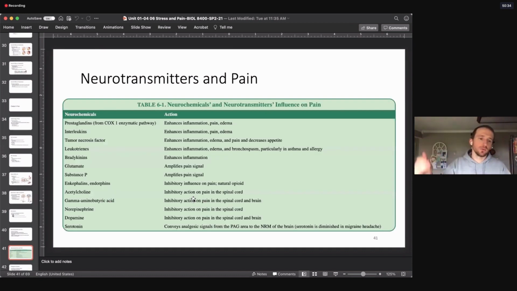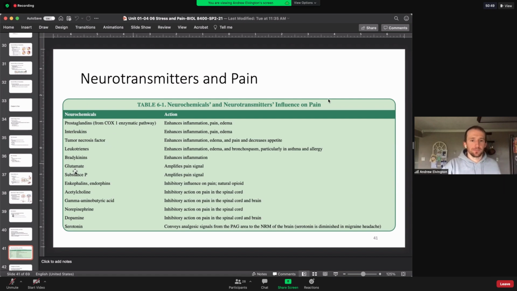So here is another table, which again, you may have more detail on at points. All right, so we have our table of neurochemicals and neurotransmitters.